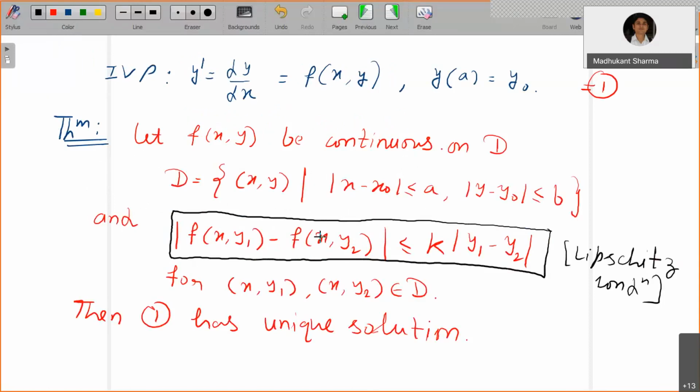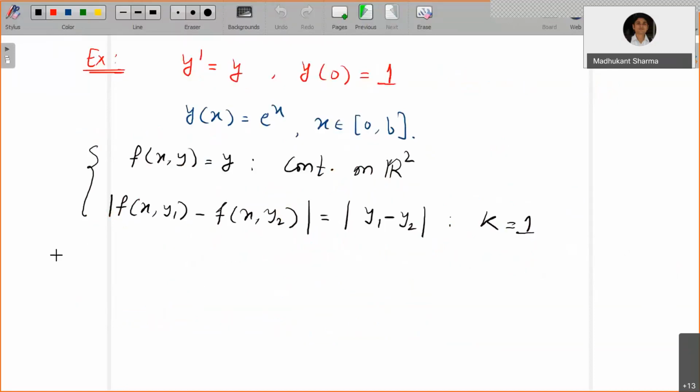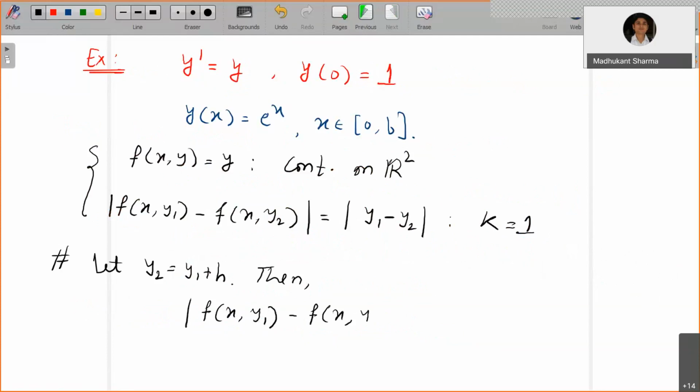Then the Lipschitz condition, mod of f of x comma y1 minus f of x comma y1 plus h, is less than or equal to k times mod of y1 minus y2, which is mod of h.